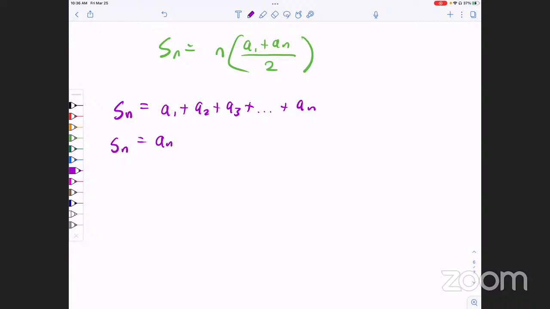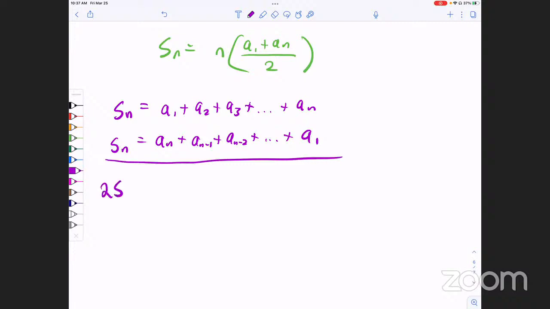So it's an plus an minus 1 plus an minus 2 until we get back to a1. If we add these two together, on the left we're going to have 2Sn. On the right, if we add column-wise, we're going to have a1 plus an.